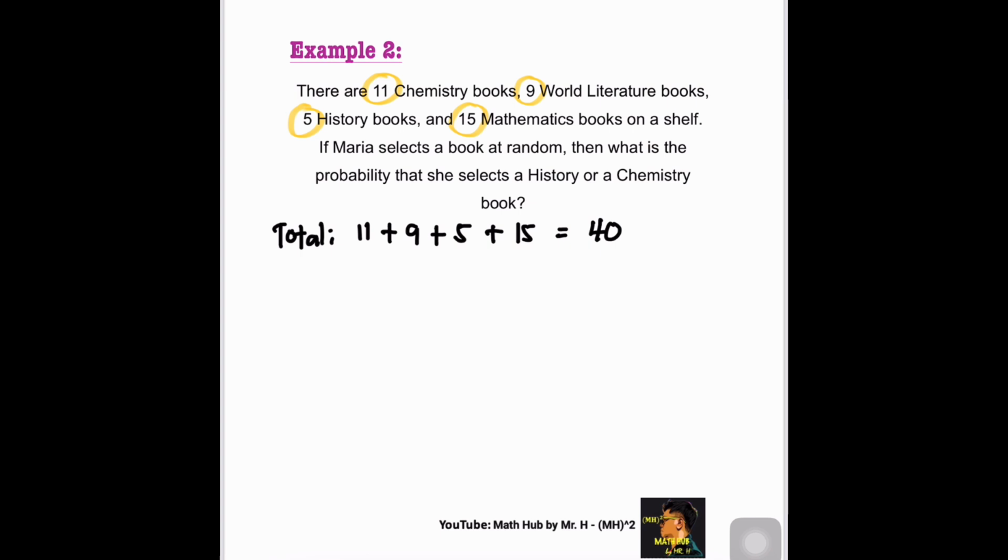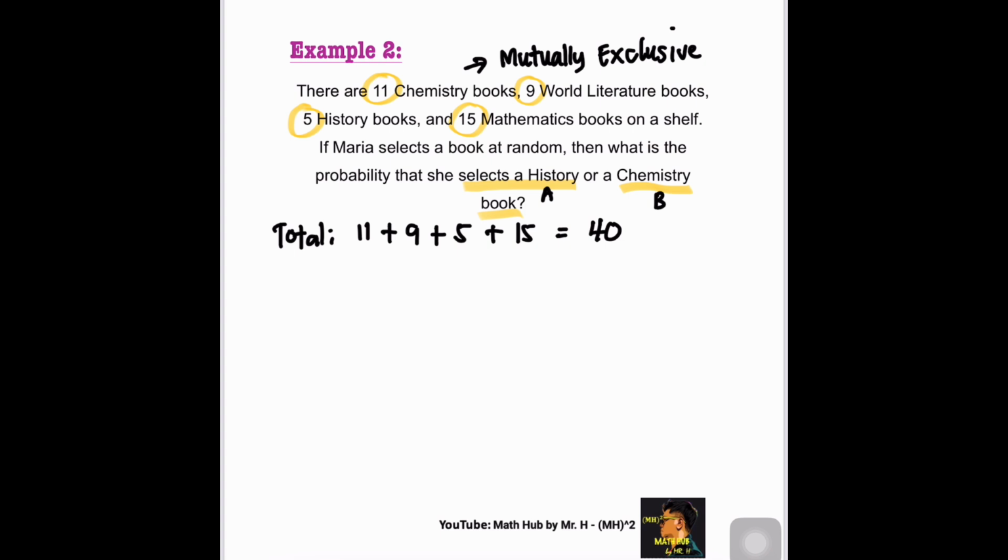Next, we need to take note of the events. So there are 2 events mentioned. So selecting a history book, we can say it's event A. And selecting a chemistry book, that will be event B. And basically for this one, this is a type of mutually exclusive.